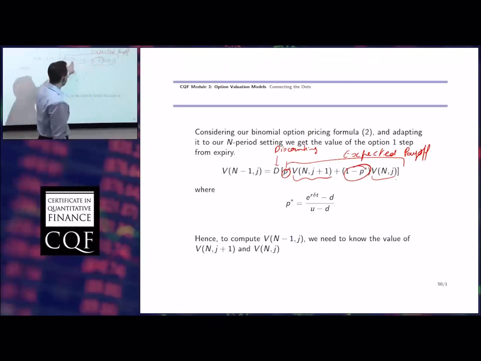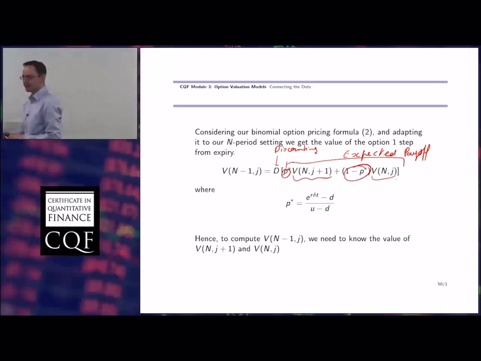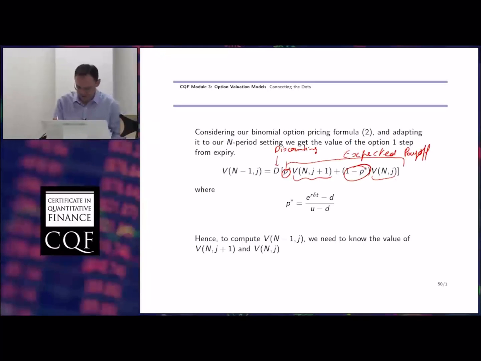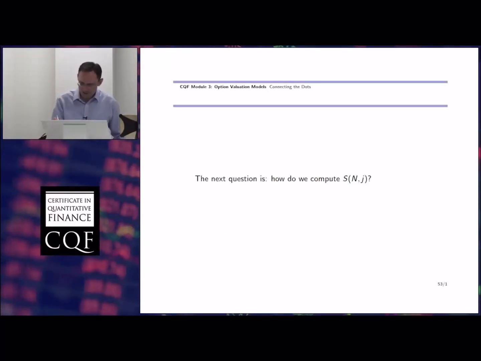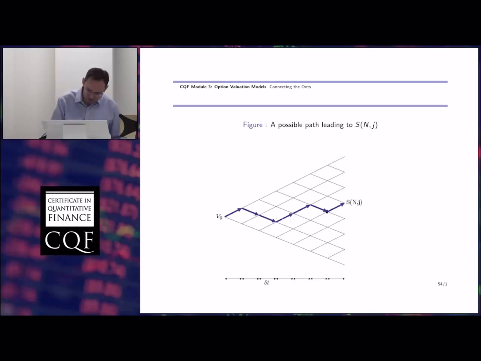Now the question is, at expiry on node (n,j+1), what's the stock price? And same thing, what's the stock price there? And that's actually very easy. If you think about it, look at a path for S that would lead it to S(n,j).